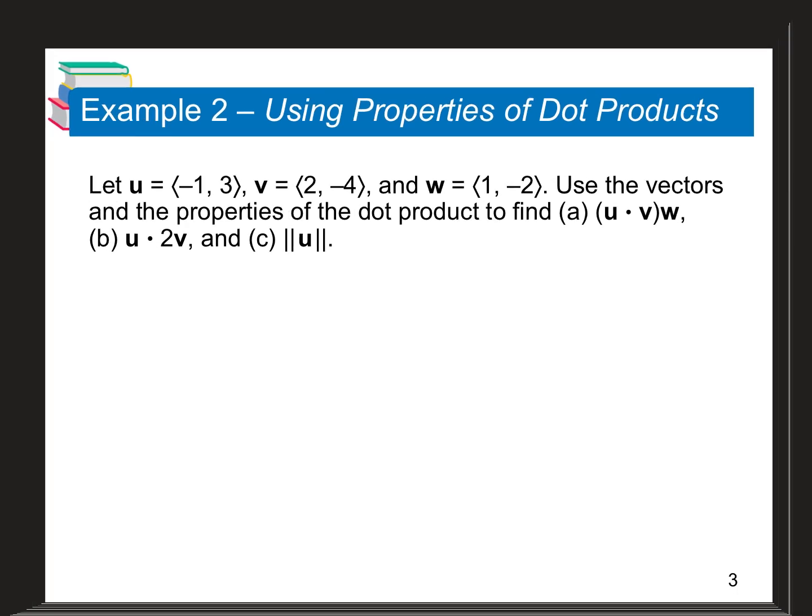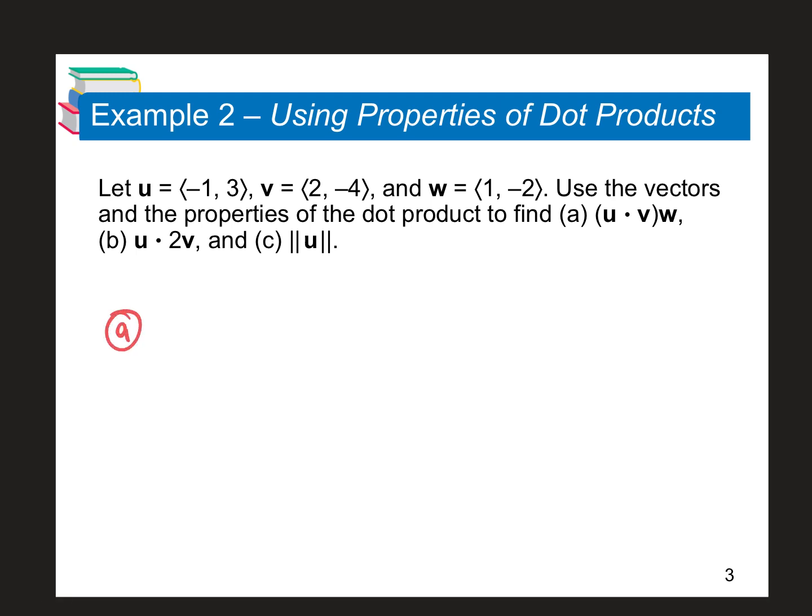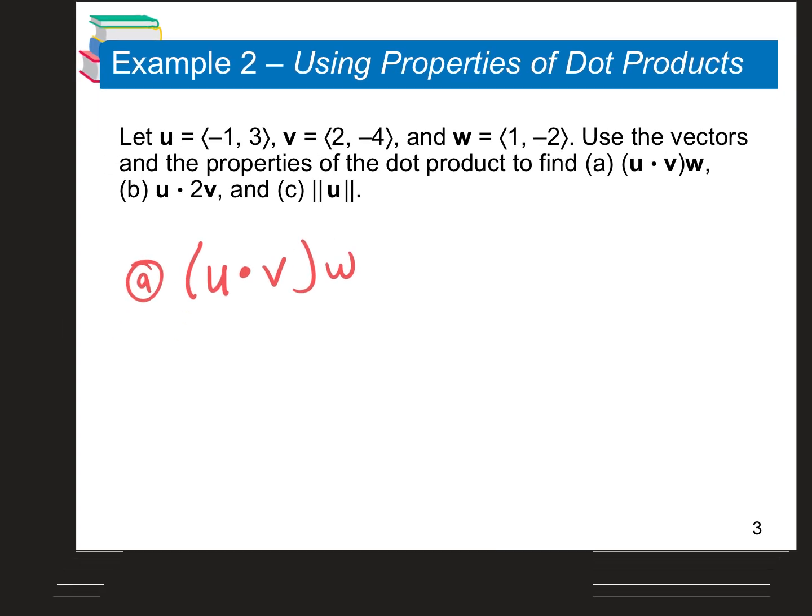All right, scooting along. Here are my vectors. I have u, v, and w. It says use the vectors and properties of the dot product to find. We're going to do all 3 of these. So let's look at A. A says the dot product of u and v, and then I'm going to times it by w. So the first thing we're going to do is write out our problem.